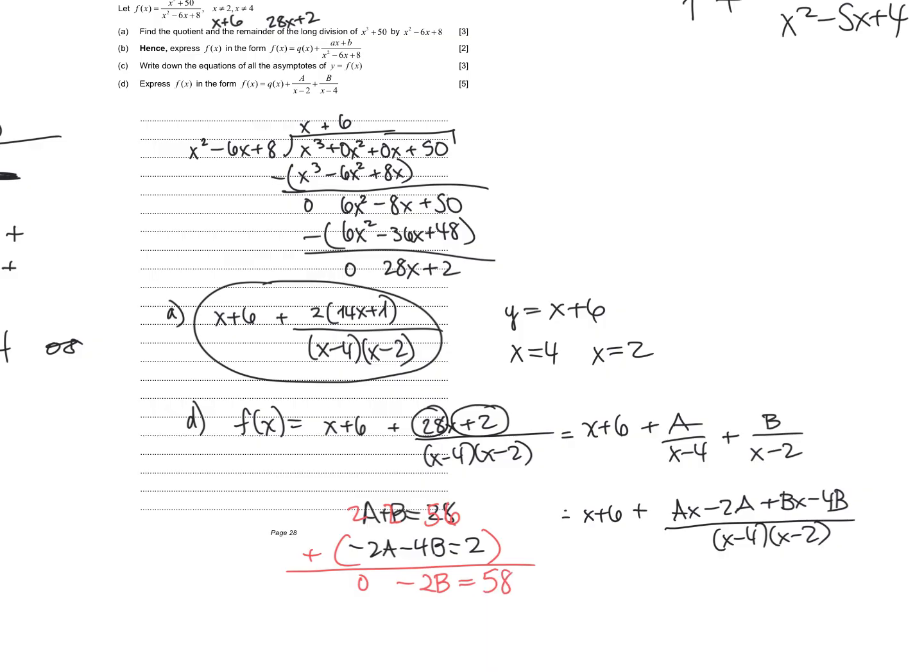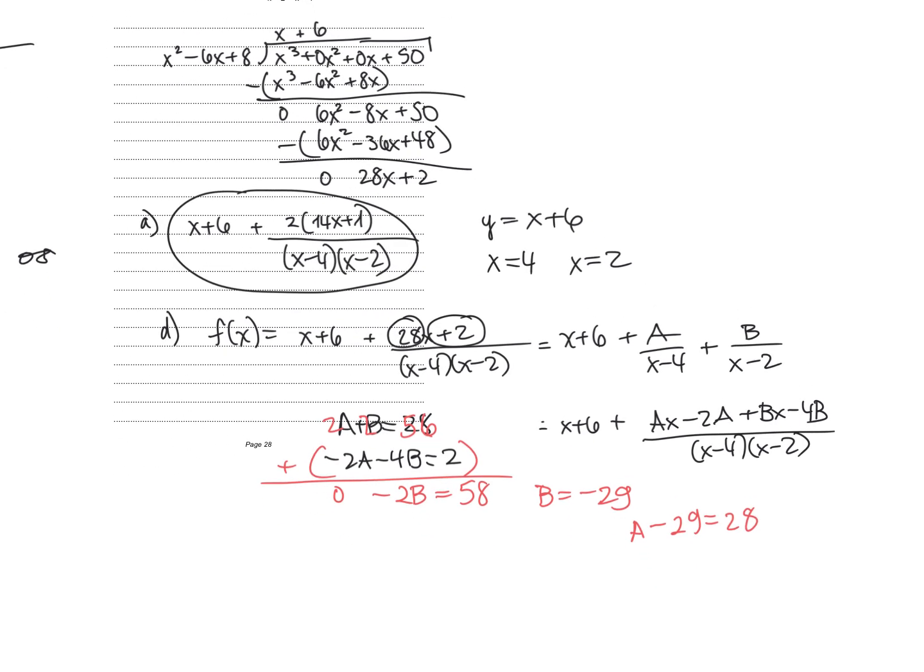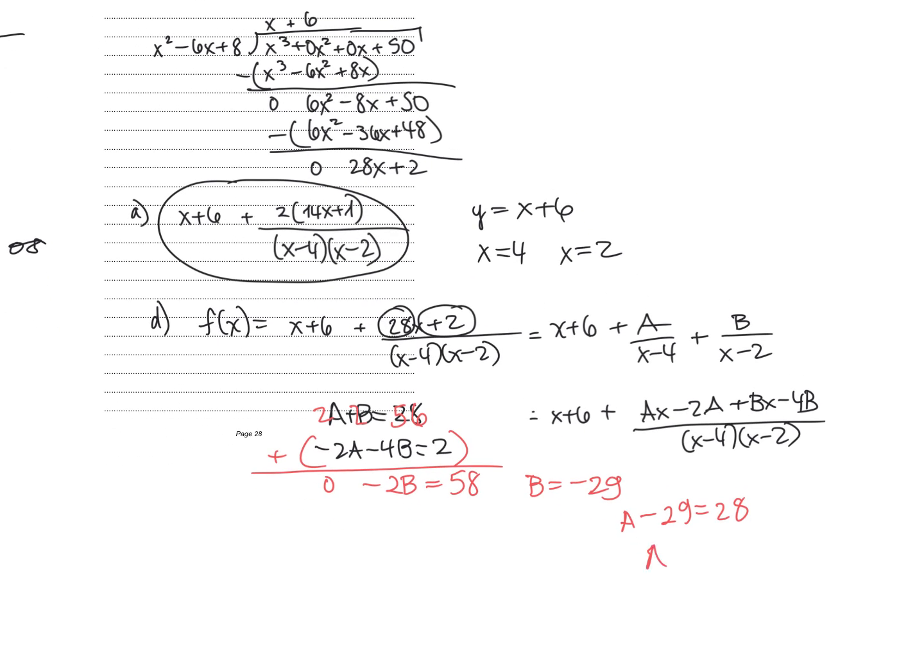So we're going to have that b is negative 29. So that means that A plus B is 28. Remember, A plus B is 28, and B is negative 29. So we have A is 57.